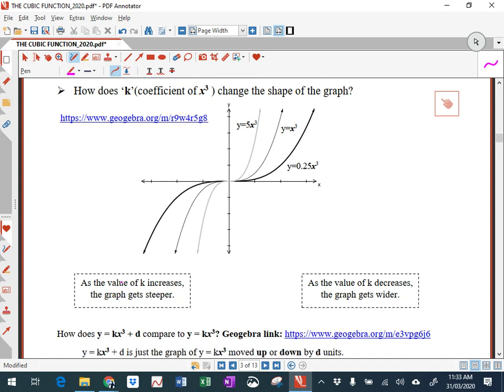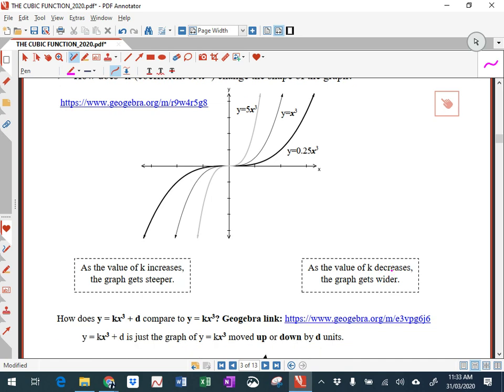So here, where I said as the value of K increases, technically I should have said as the value of K moves further from 0, the graph gets steeper, and over here it says as the value of K decreases, so I should have put down there as the value of K gets closer to 0. So let's just fix it up, and maybe I'll fix it up in your notes as well.